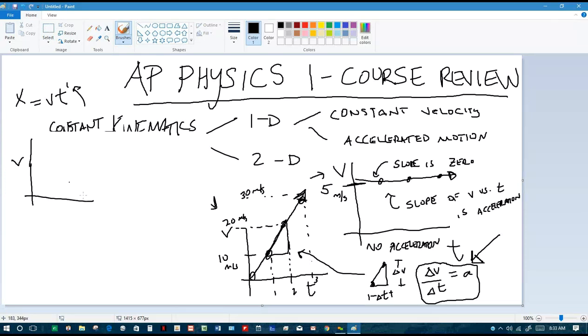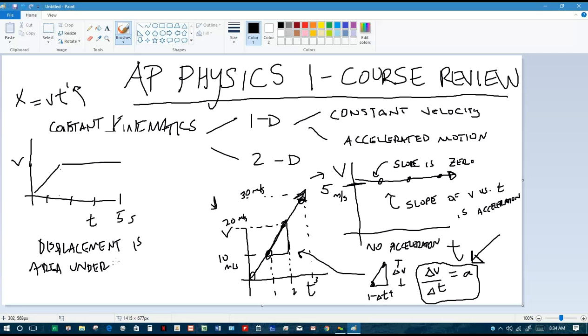If you had a velocity versus time graph that looked like, say, this, and they asked what is the displacement, let's say it went up to the 5-second mark. The point is, the displacement is the area under the curve. Did you learn that in your class? Or under the function?